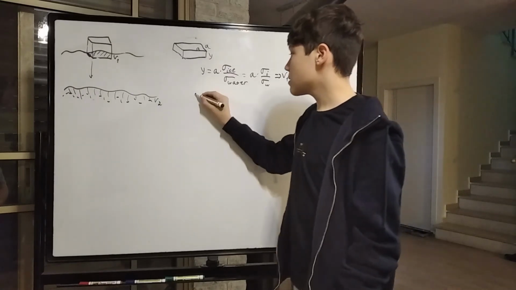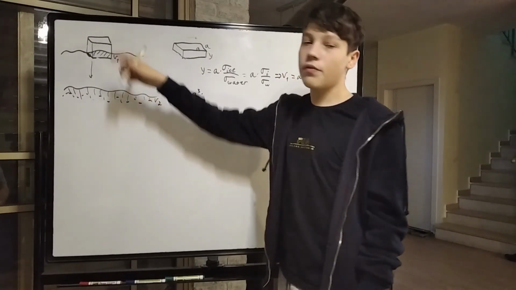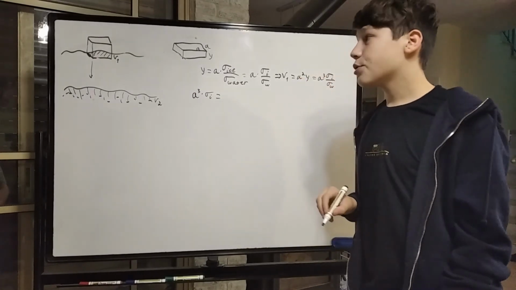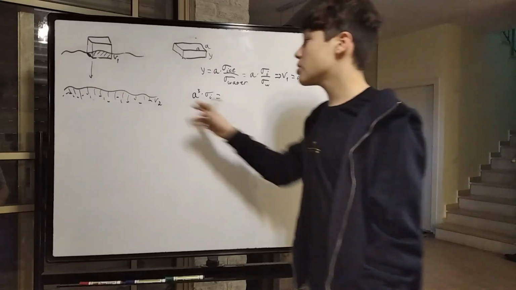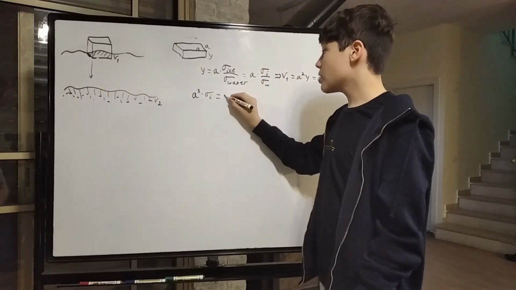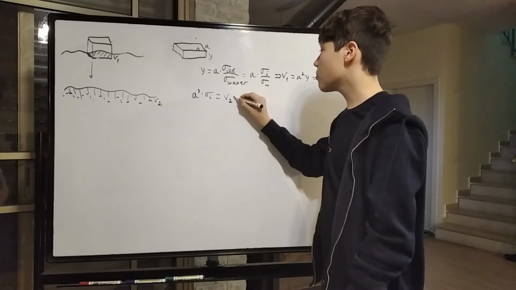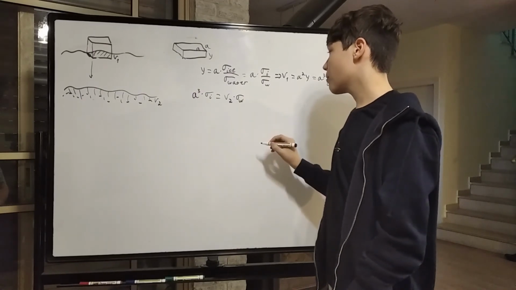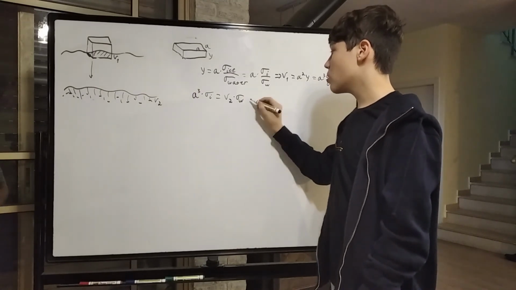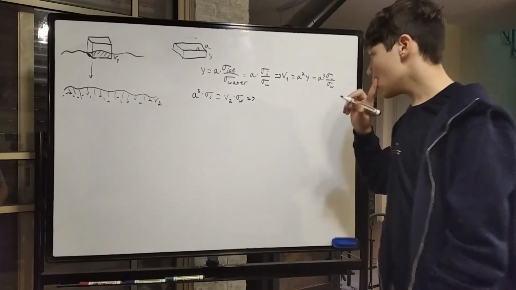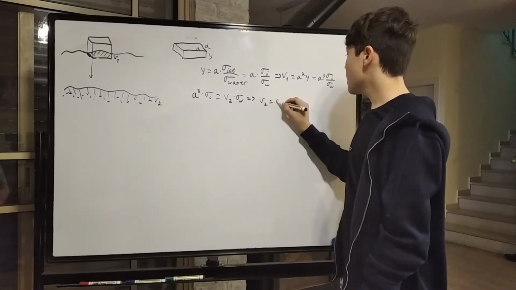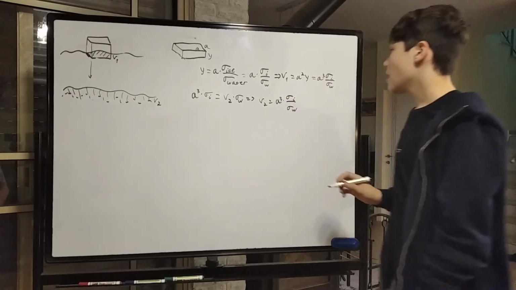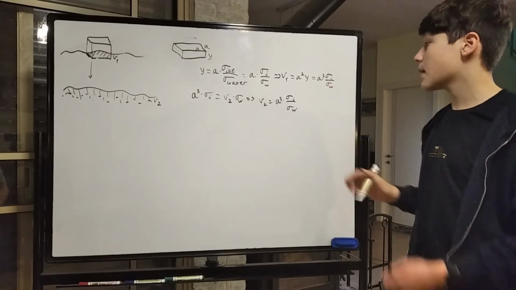And so we're going to look at it as a cubed, which is the volume of the ice cube, multiplied by the density of the ice, which is equal to the mass of the ice cube, which is the mass of the added water, which is V2, the volume of the added water, multiplied by the density of the water. And then to solve for V2, we just divide by sigma W to get that V2 is a cubed times sigma I over sigma W. And look at this, we got that they're the same.